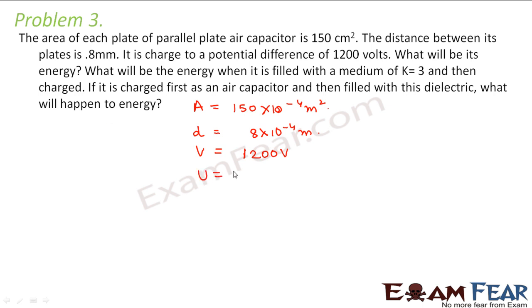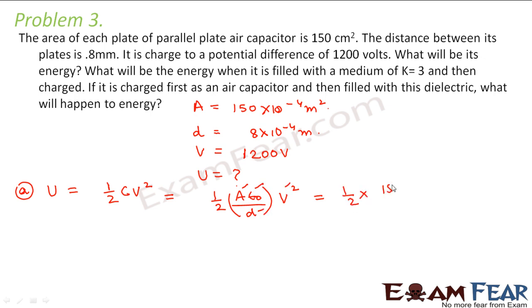So we have to calculate the energy. First part first: energy is equal to half CV squared. Now what is C? C is the capacitance, equal to A epsilon naught by D. We know all the values: A is given, epsilon naught is a constant, V is given and D is given.